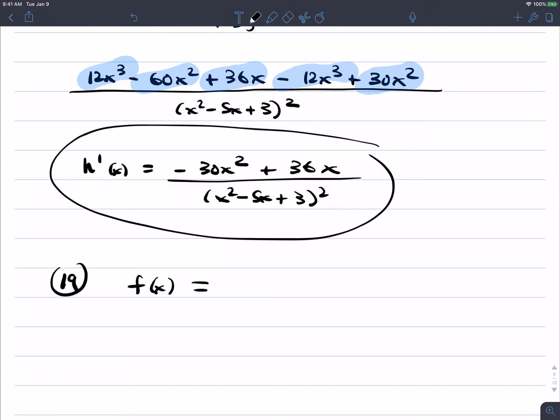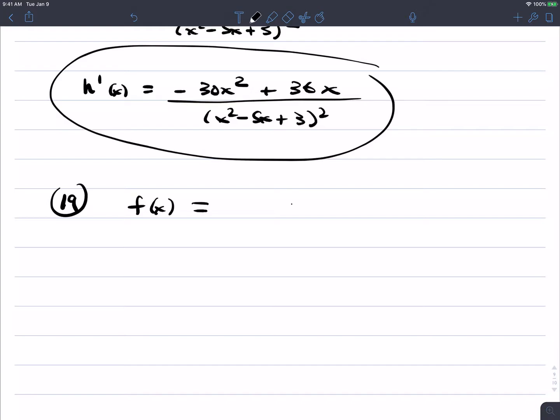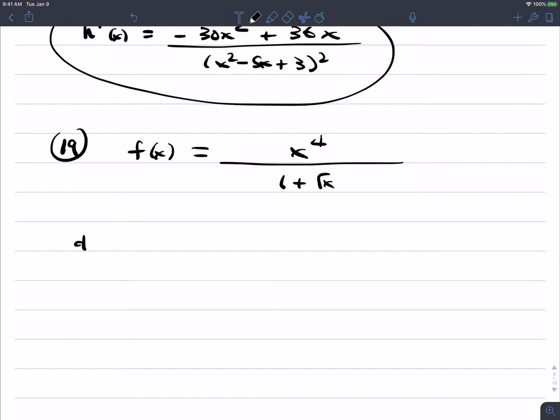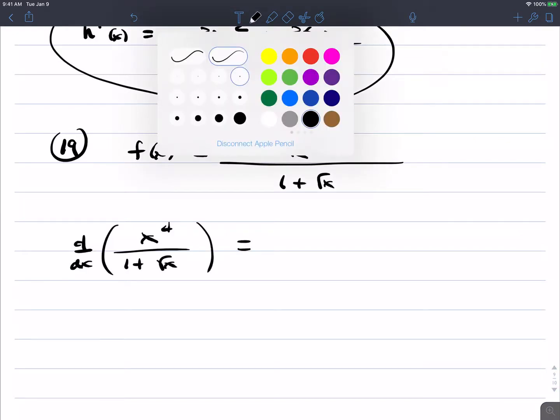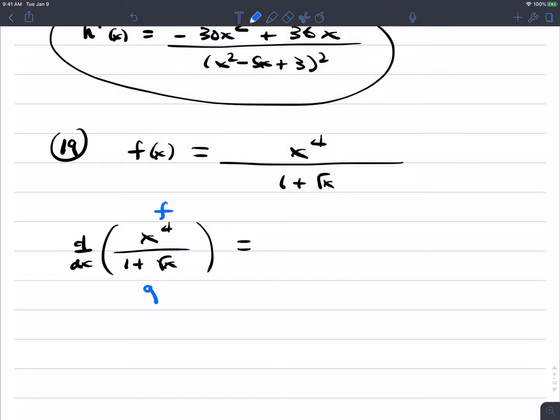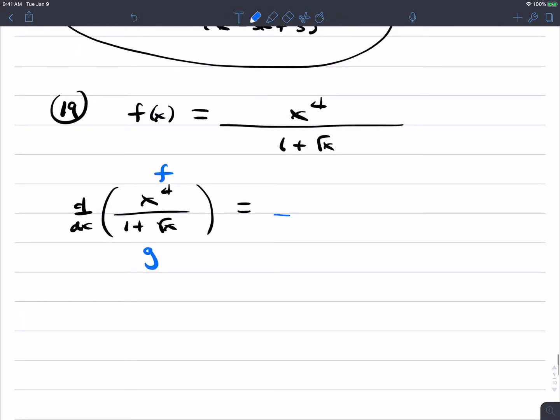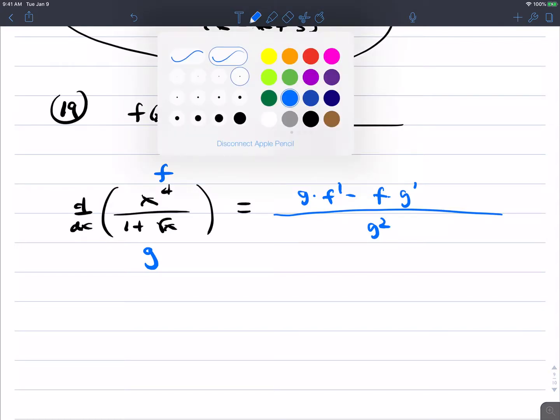F of x for number 19 will be x to the fourth over 1 plus the square root of x. So that this derivative function, the derivative of a quotient, x to the fourth, 1 plus the square root of x, here's my f, here's my g, g squared, g, f prime minus f, g prime.